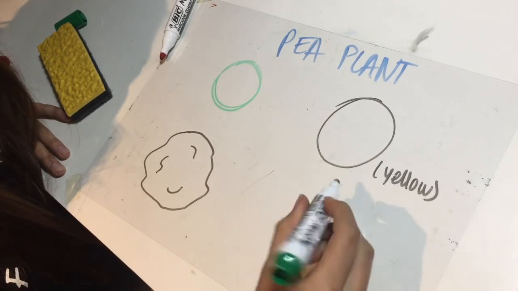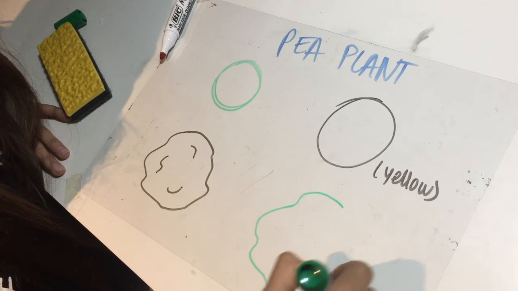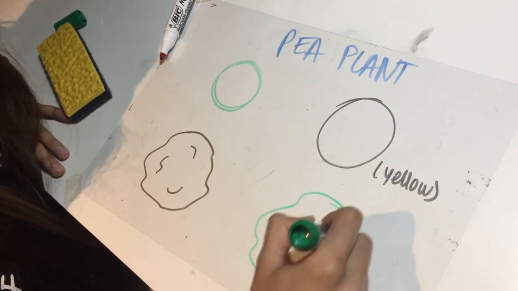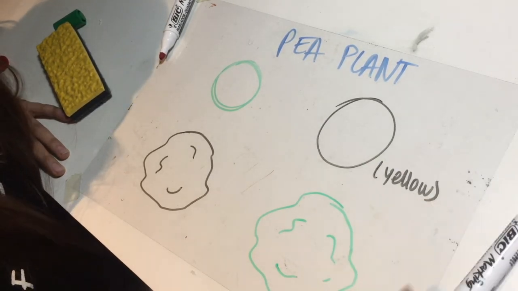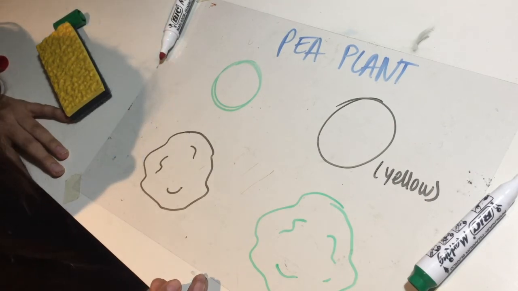Now we are going to determine the probability of getting a rugged and yellow pea plant. The probability is 3 because, as I said, there are 3 boxes that give rugged and yellow.